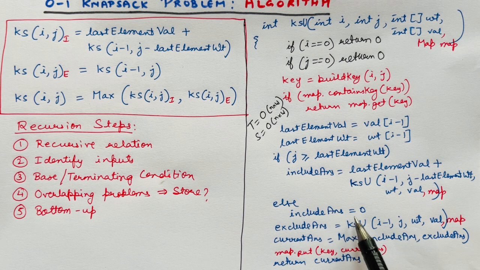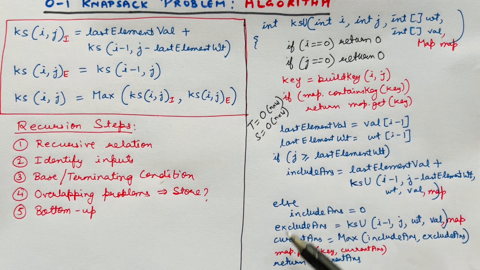So the include answer was 0. And if we had decided to exclude the last item, then that meant we have to maximize the value formed using first I minus 1 elements and our capacity J. So we called this same method with these inputs and got the exclude answer. The maximum of the two was our current answer and we could return that.